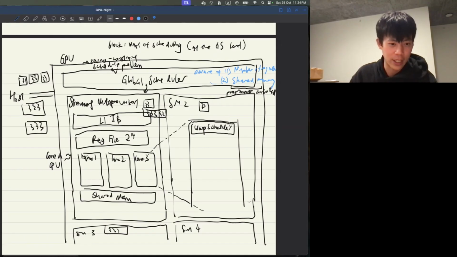This warp scheduler is trying to select things based on warps. So that's why it's called a warp scheduler. So a warp, let me just try to define it here. A warp, you can think of it as a group of 32 threads. And these 32 threads must be from the same block. So let me just write from the same block.